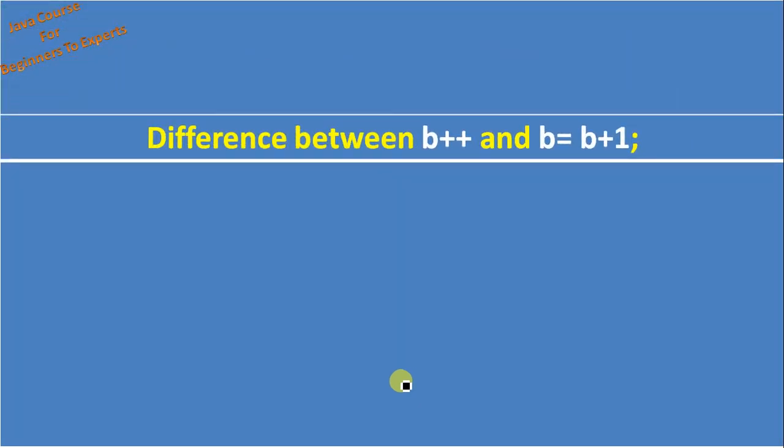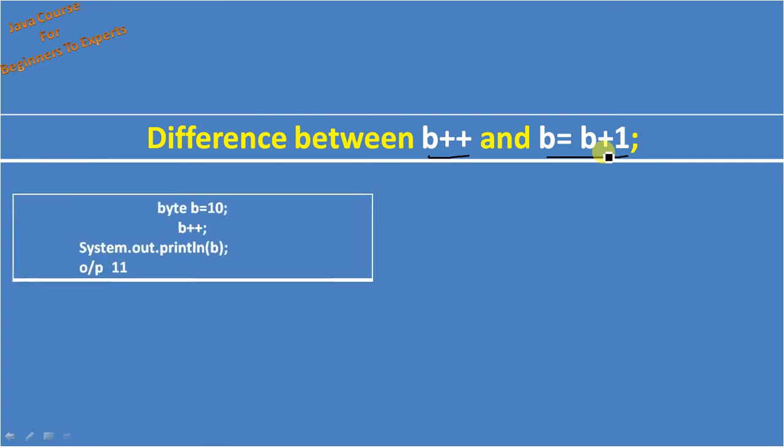Now we will discuss the difference between b++ and b = b + 1. Very important question. Suppose you define byte b = 10 and do b++, the output will be 11. Okay, no problem.